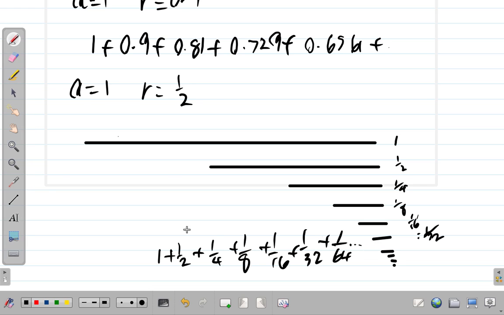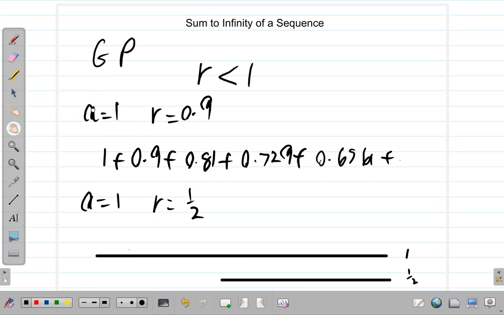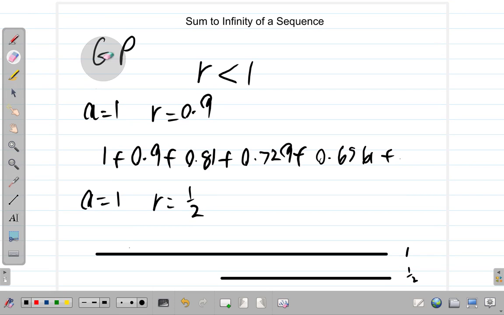So basically, once you have the common ratio less than 1, then you can find the sum to infinity, all right? But the thing is, what is the equation for the sum to infinity?